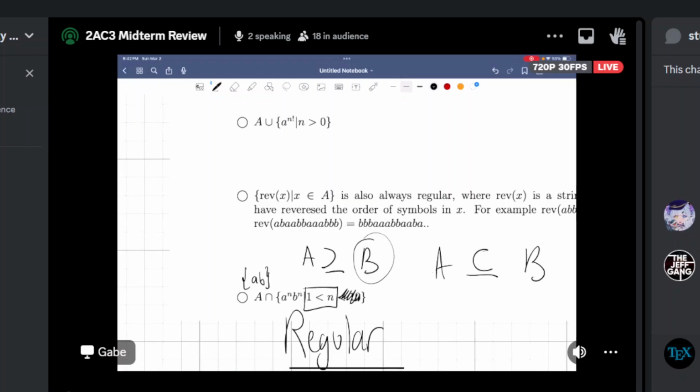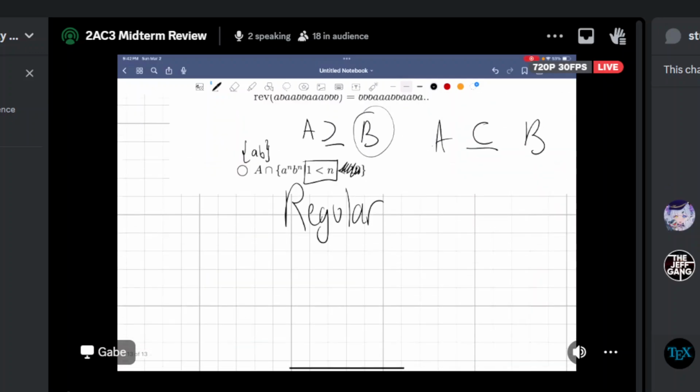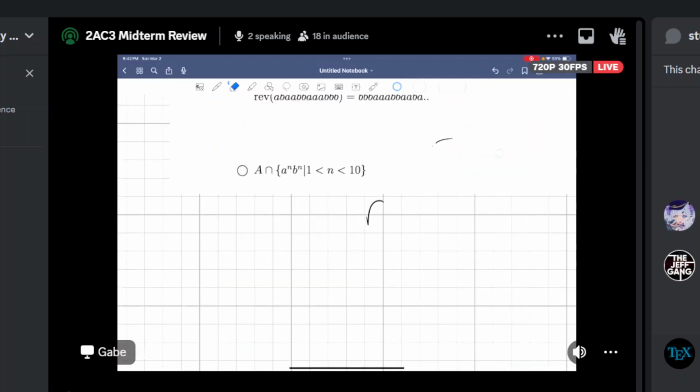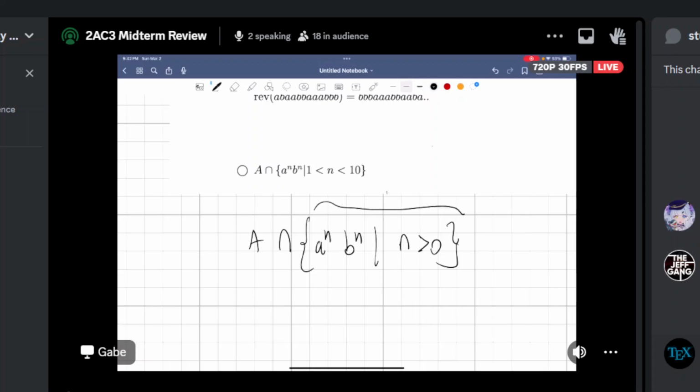So, just in case this wasn't clear, I'm going to rewrite it. So if we had A and A^n B^n, n greater than 0, and A was a subset, I'm going to call this B over here.